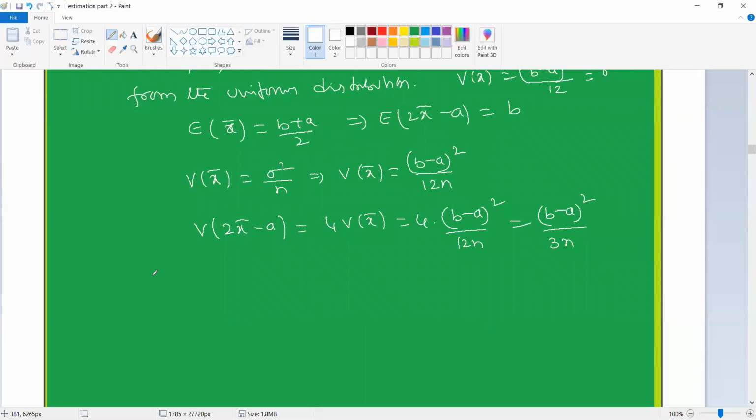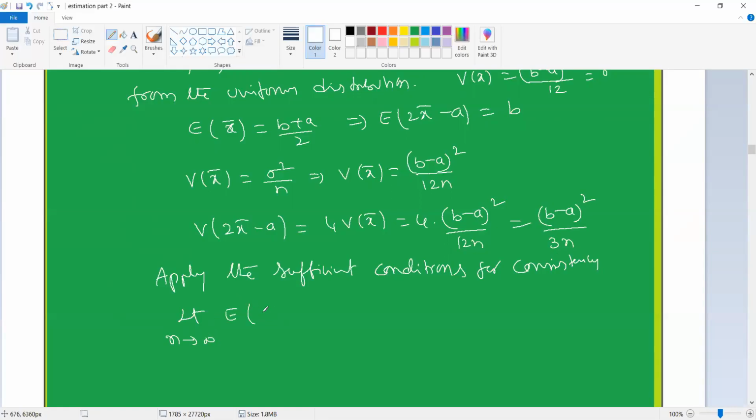Now apply the sufficient conditions for consistency. Limit n tends to infinity, expectation of 2x bar minus A is independent of n.